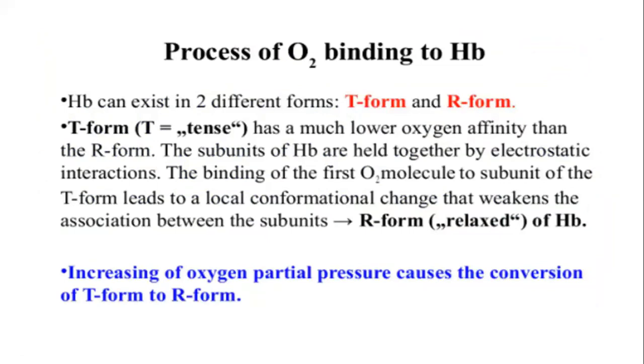When hemoglobin binds onto oxygen, it changes from a deoxy to an oxy status. The 2 states are either described as taut or T forms or T states, or R forms or R states. The T form, which is said to be tense or taut, occurs when hemoglobin is not bound to oxygen.